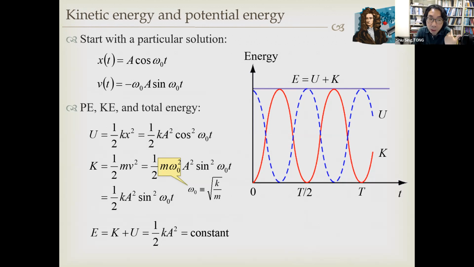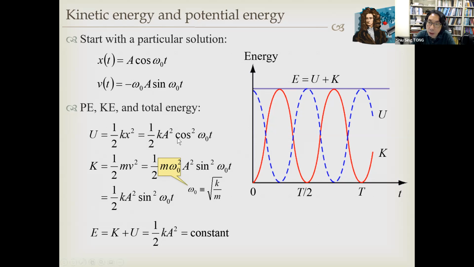And so we can calculate the kinetic energy and the potential energy from these two expressions. The potential energy is half kx squared. That is the potential energy of a spring. We learned it in chapter 5, right? So we just substitute this x into the equation, and we find that the potential energy of the spring goes as half Ka squared cosine squared omega naught t. Okay.